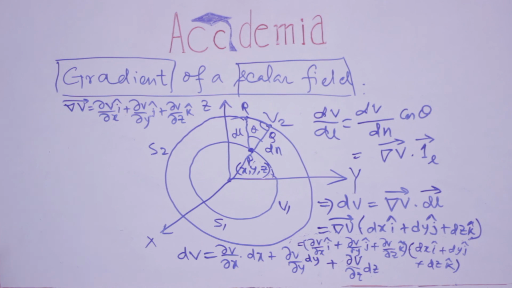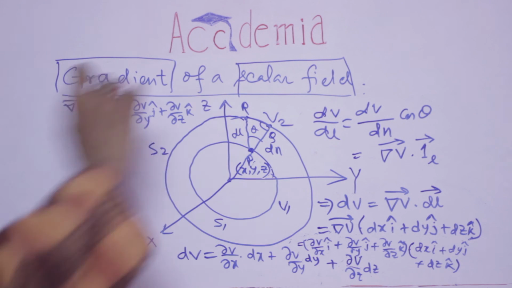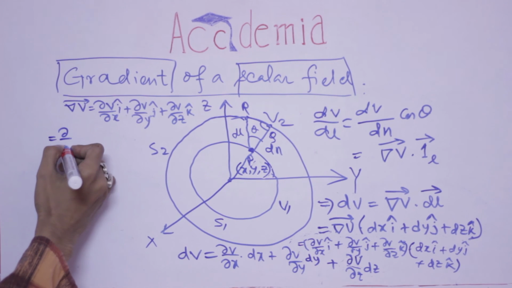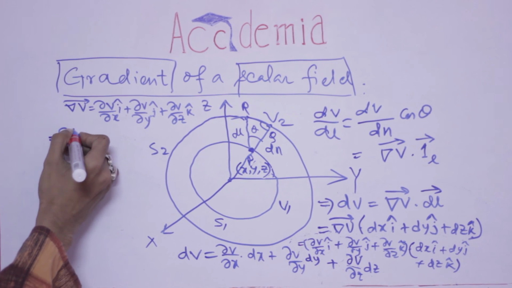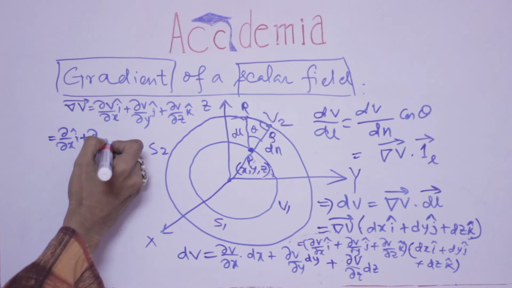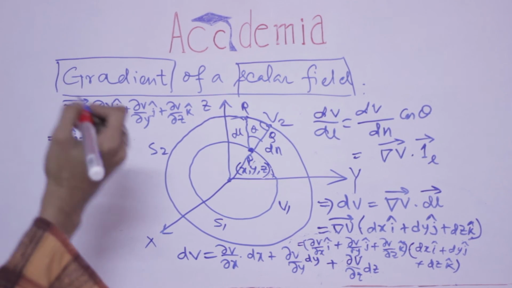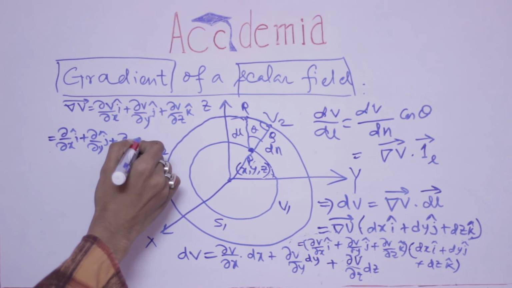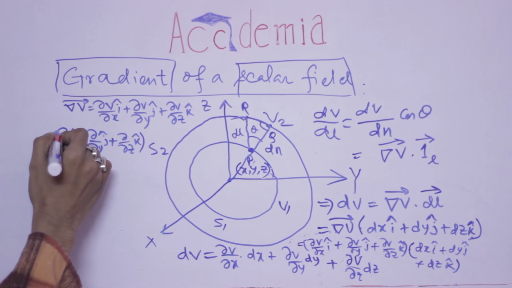We can bring v out of this expression, equal to del del x i plus del del y j plus del del z k, operating on v.